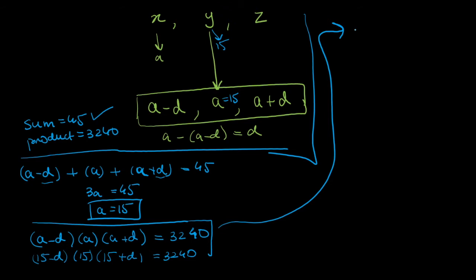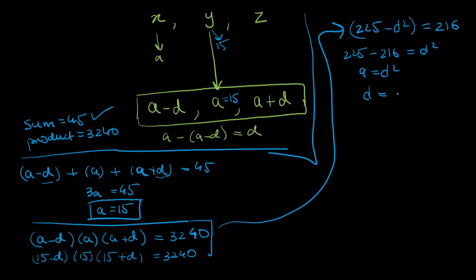So we get 225 minus d squared is equal to 3,240 divided by 15, which is 216, right? Then we're left with 225 minus 216 is equal to d squared. 9 is equal to d squared.